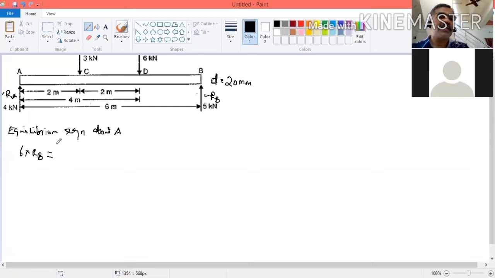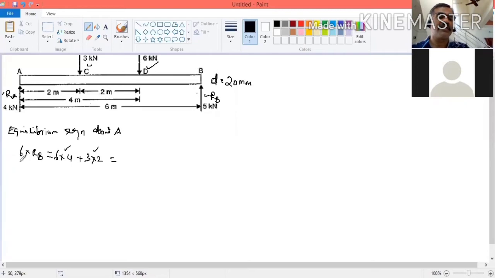So here, the 6 kilonewton force into the distance 2 plus 2, which is 4, gives 6 into 4, plus 3 into 2 for the 3 kilonewton force. Both are clockwise moments, so I have taken them on the right side, and this RB reaction force is acting in the counterclockwise direction.